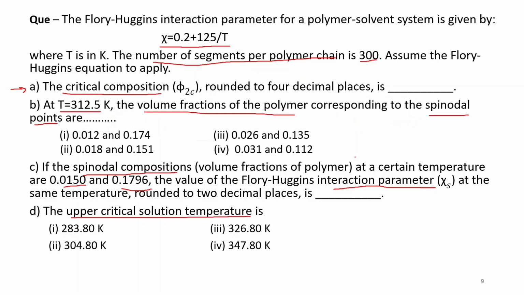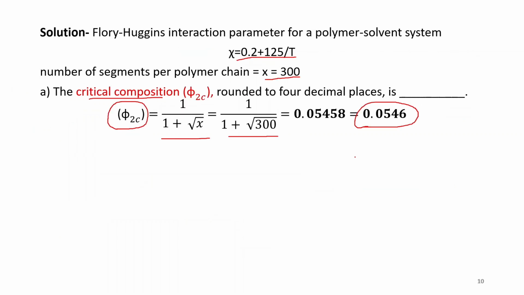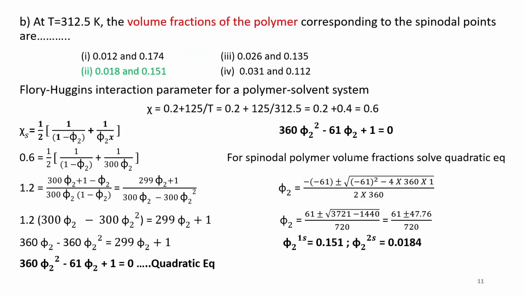So first we calculated the critical composition. Second is for calculating the volume fraction of the polymer corresponding to the spinodal points at 312.5 Kelvin. So let's solve it. So we know the Flory-Huggins interaction parameter for a polymer solvent system, which is chi equals 0.2 plus 125 divided by T. T we know as given in the question, which is 312.5 Kelvin.